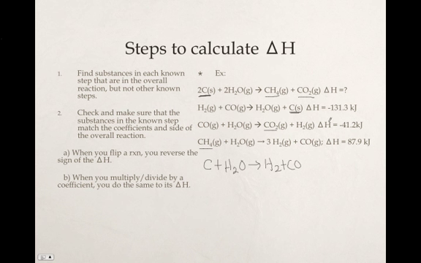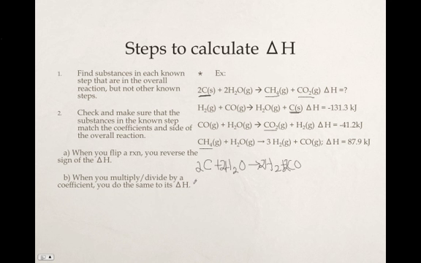But unfortunately, we're not done with it yet. The carbon has a coefficient of 1 right now, but it needs to have a coefficient of 2. In order for it to have a coefficient of 2, we need to multiply both the product side and the reactant side by 2. So we put a 2 here, a 2 here, a 2 here, and a 2 here.